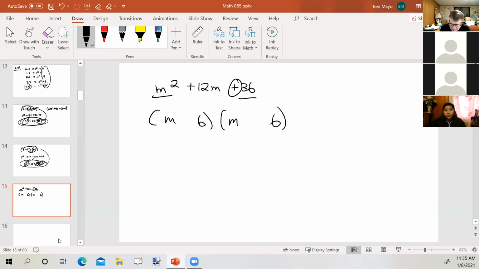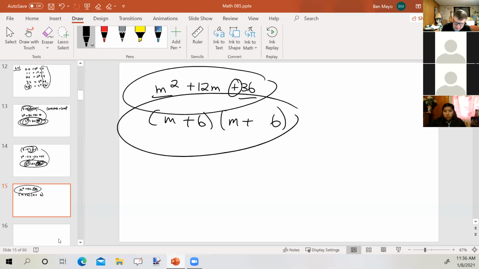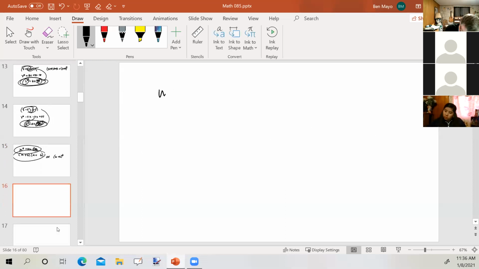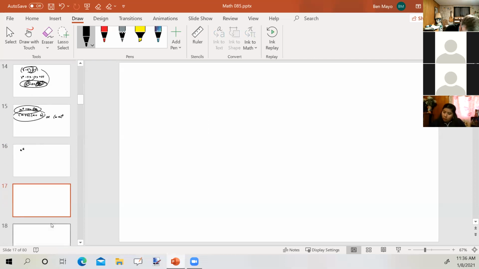Well, how would we get a plus 36 and a plus 12 in the middle? By doing that. So in fact, this is a perfect square trinomial, and the factoring of it is that, or you could write it like this if you wanted to, saying that there are two factors of the quantity m plus 6.